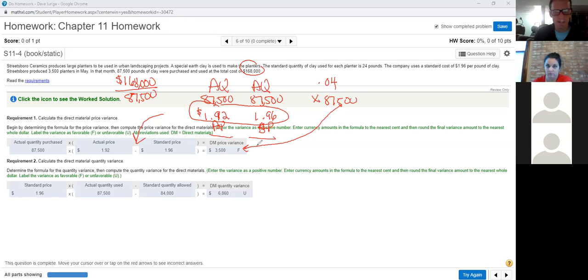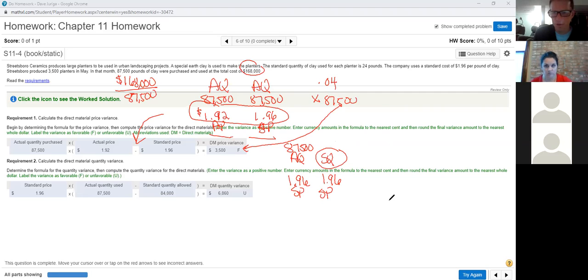Okay. And then the same thing for the quantity. You have actual quantity, and then you have standard quantity. And then of course the standard price, which is constant, $1.96. I think they purchased and used the same quantity, so 87.5 is the same number. The only other question is what would be the SQ?